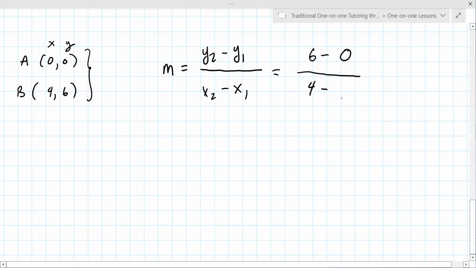What is X1? 0. Can you simplify this for me?